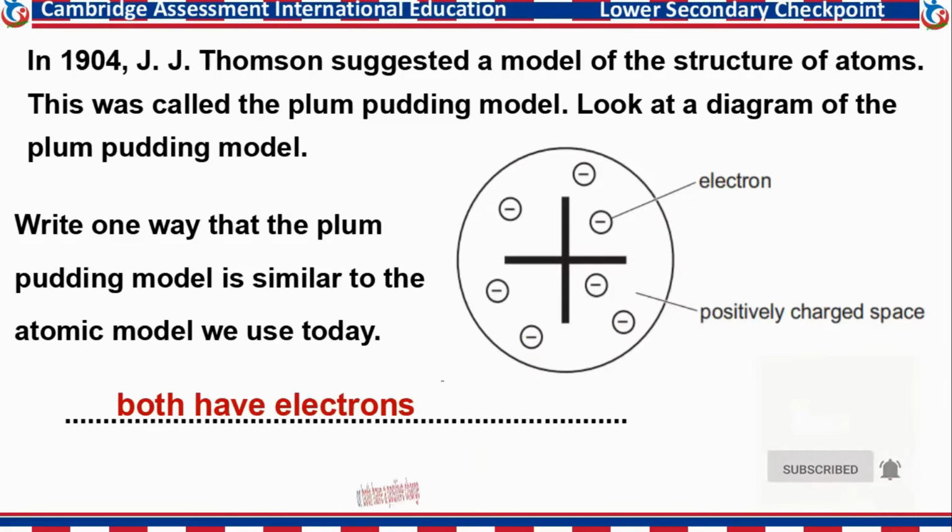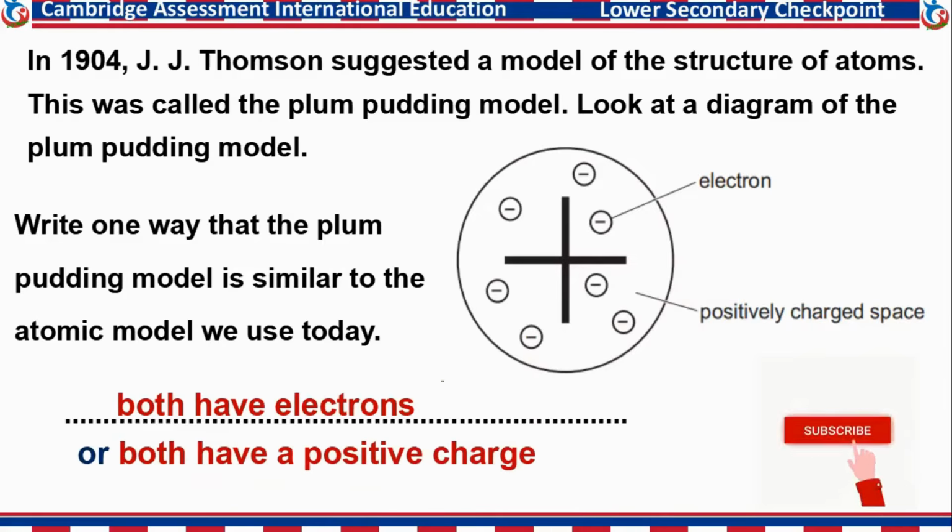One thing that is similar to the model we have today is that both of them have electrons, because if you look at this Plum Pudding model, there is presence of electrons there, as well as positive charge. Positive charge is also present in Bohr's model.